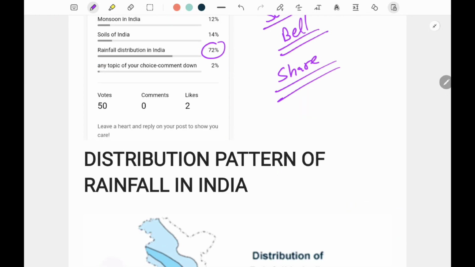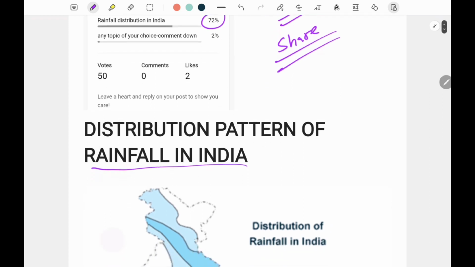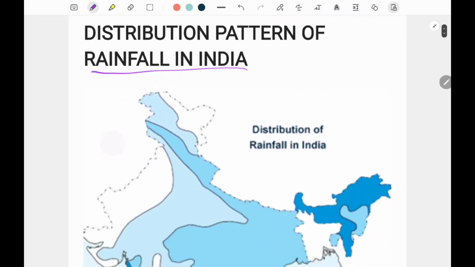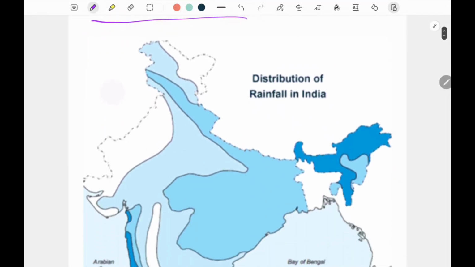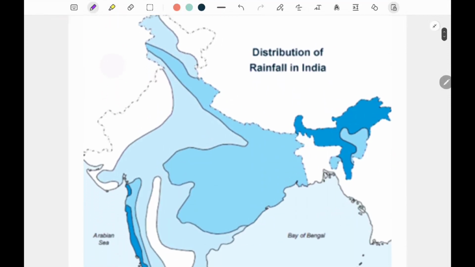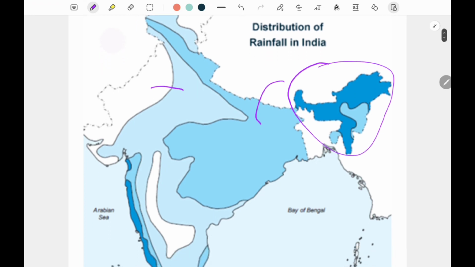So in today's video we are going to discuss the distribution pattern of rainfall in India. First we will see this map of India and try to understand how the rainfall is distributed. As you can clearly see, the dark blue portion receives more rainfall and the light blue portion receives less rainfall, and between them is the area where the rainfall is moderate.